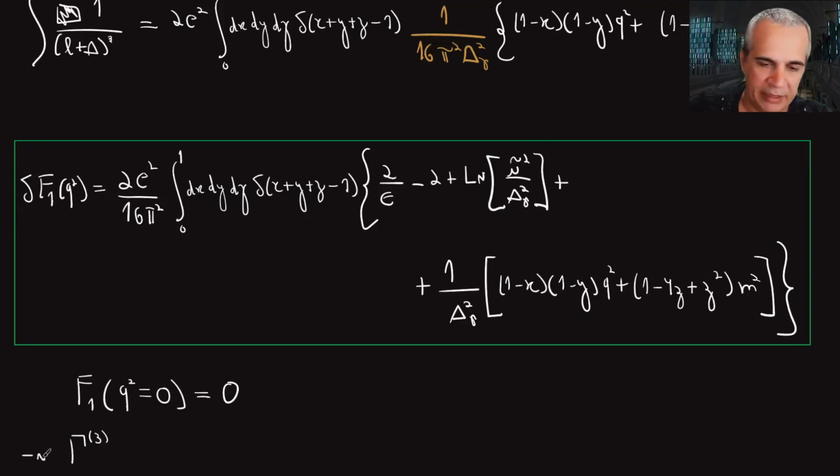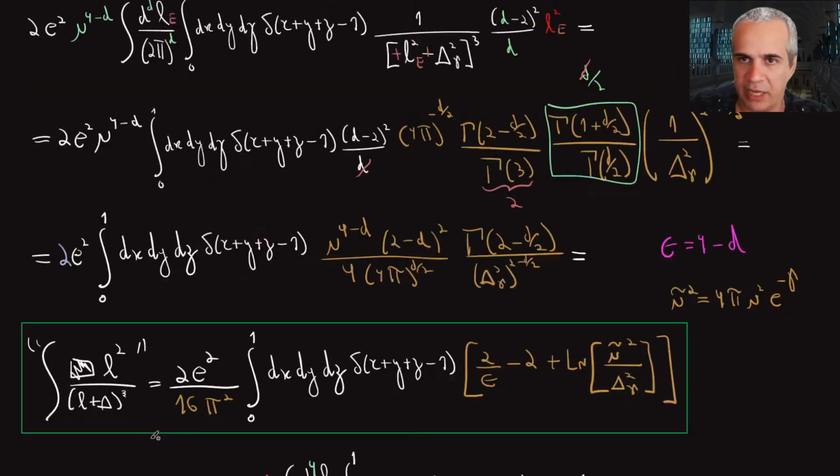Which I demanded that at q square equals 0 should be just minus i e gamma mu, right? There's a mu index here, right? And same here. So F1, which is the part proportional to gamma, should be 1 at this point.